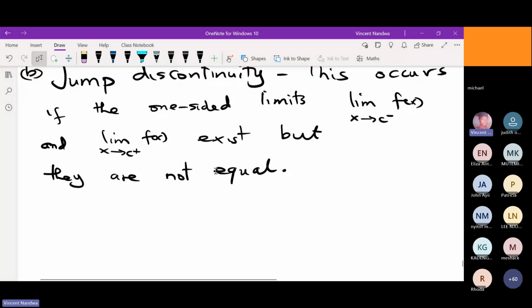So we can actually give an example graphically. If I have this as my y-axis, this is my x-axis, and this is 0.